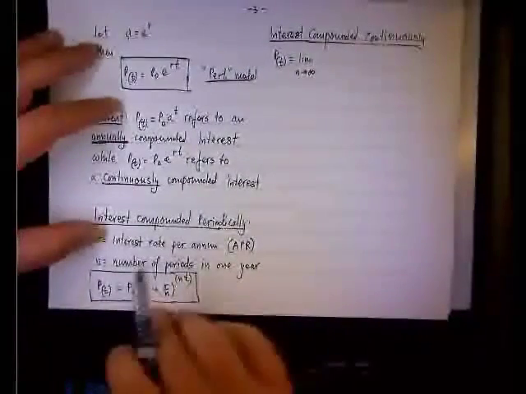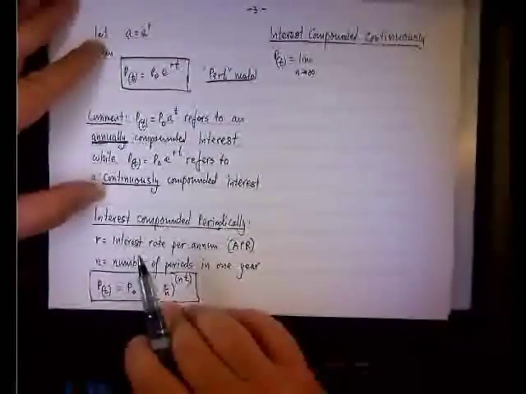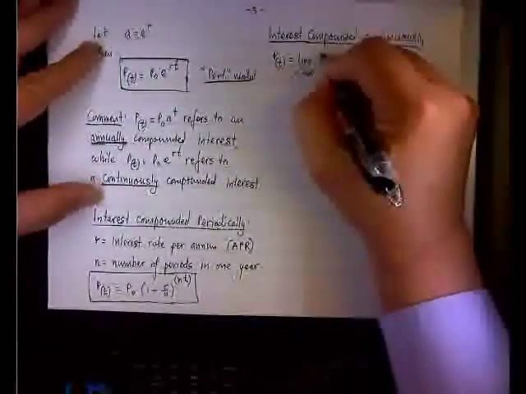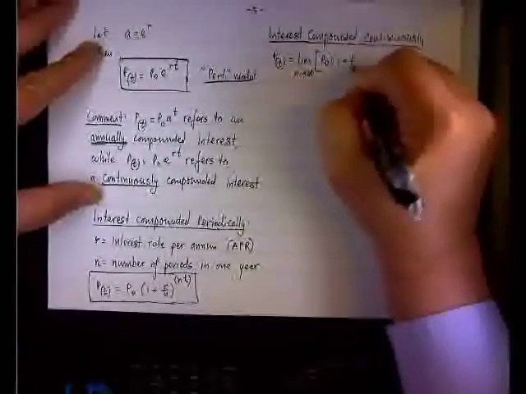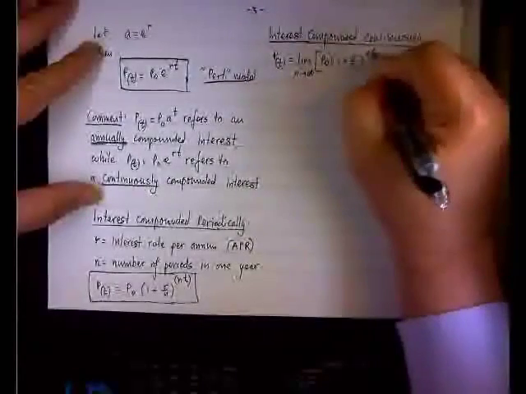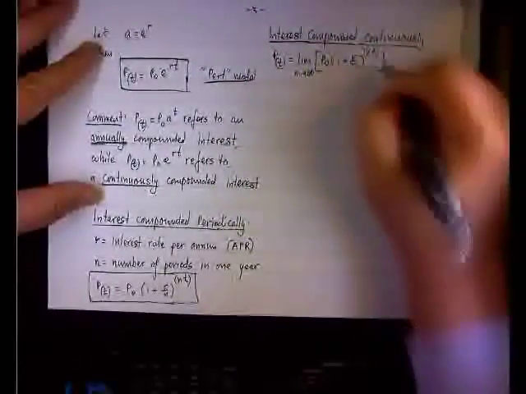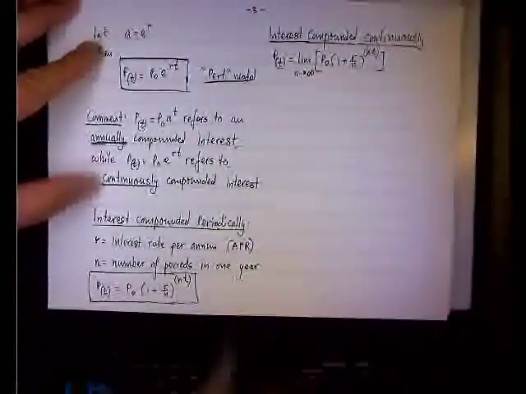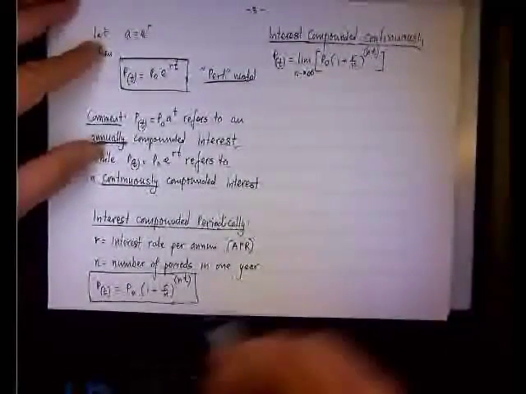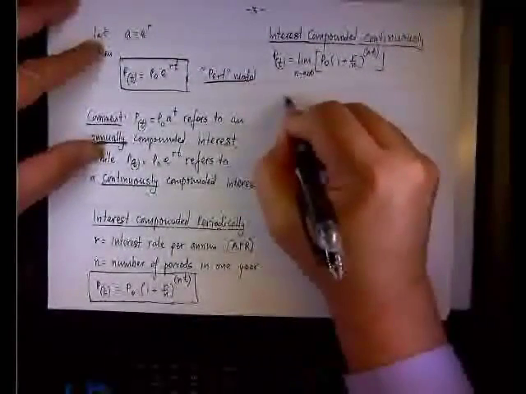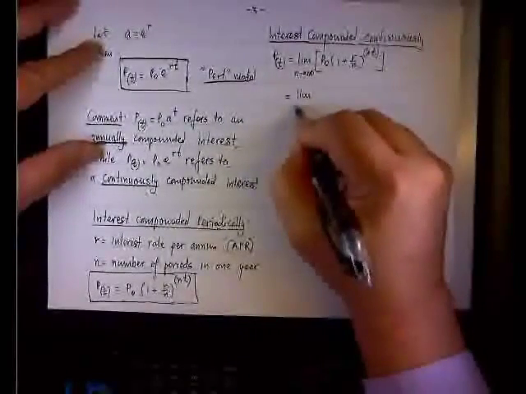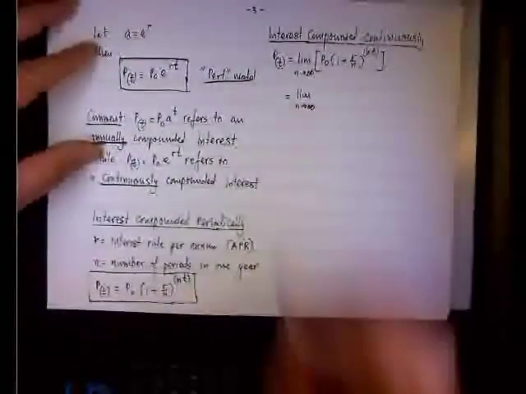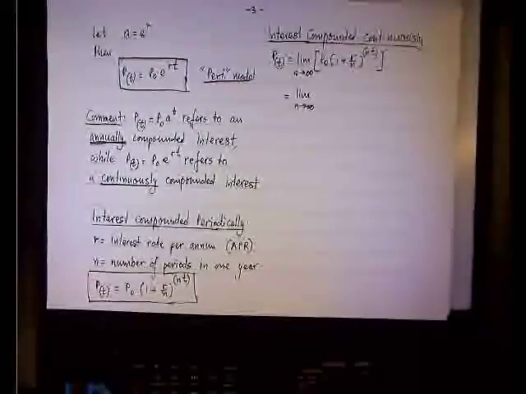So it will be the limit of what I wrote below here, which is P sub 0 times 1 plus r over n raised to the power of nt, like so. And now I'm going to work on this limit and see what comes out after that. So it involves a little bit of trickery here. Trickeration is one of the words sportscasters on ESPN like to say.